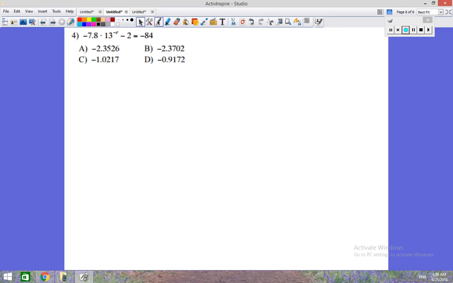Another problem, very similar to the previous three. We've got negative 7.8 times 13 raised to the negative r power minus 2 is equal to negative 84. On the left hand side I see two terms. My variable of interest is r. It's in this first term. Within that first term there are two factors.